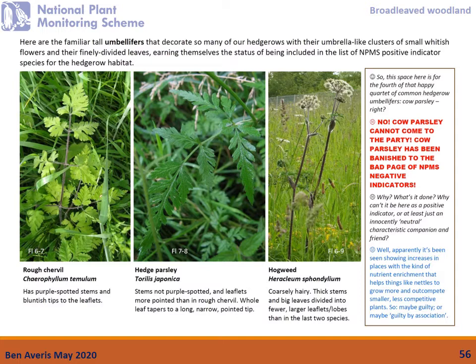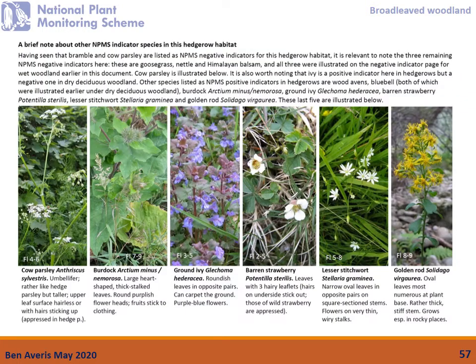It's got a very rough textured, thicker stem, and the umbels of flowers can get pretty big. Cow parsley is actually classed as an NPMS negative indicator, apparently because it's been found thickening up in some places where there appears to have been quite a bit of nutrient enrichment. There's some cow parsley on the left.